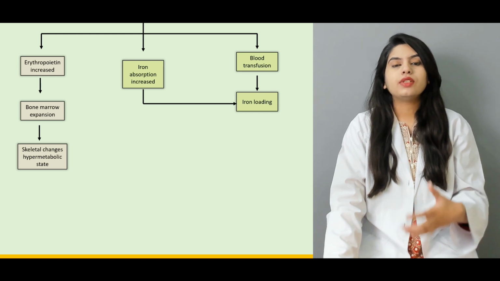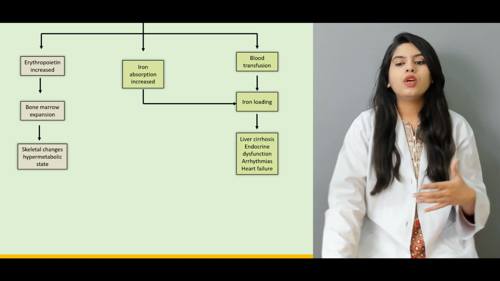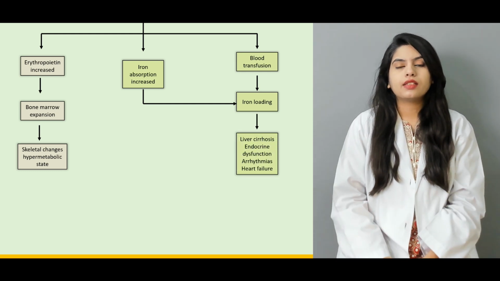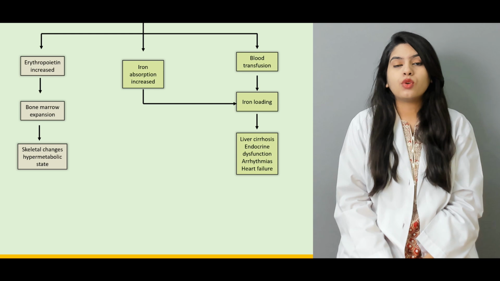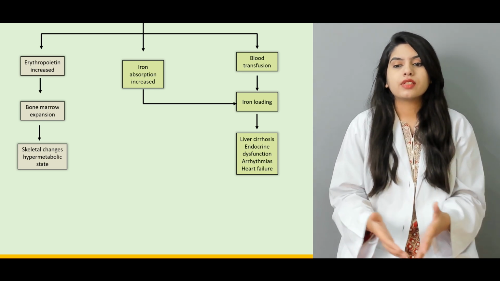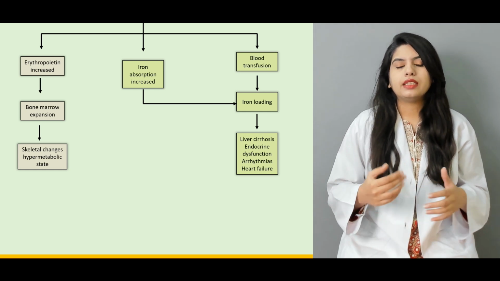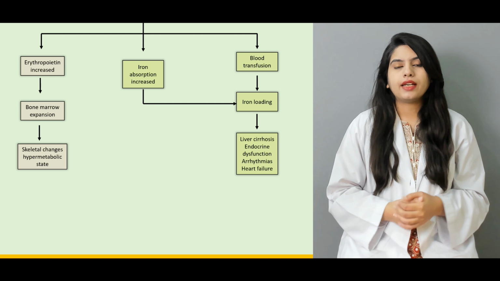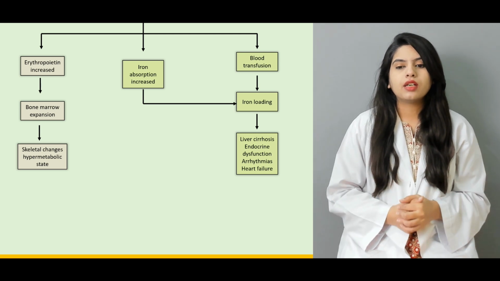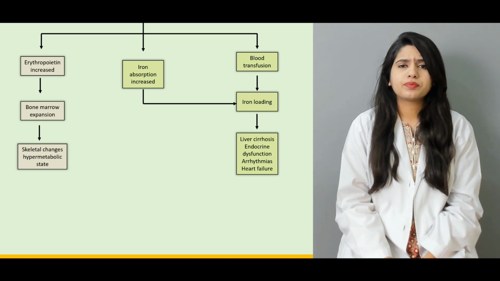There will be an increase in the level of iron inside the body that will lead to different conditions. It may be a risk factor for liver cirrhosis and endocrine dysfunction, and it may be damaging for the heart, as it may lead to arrhythmia or heart failure.